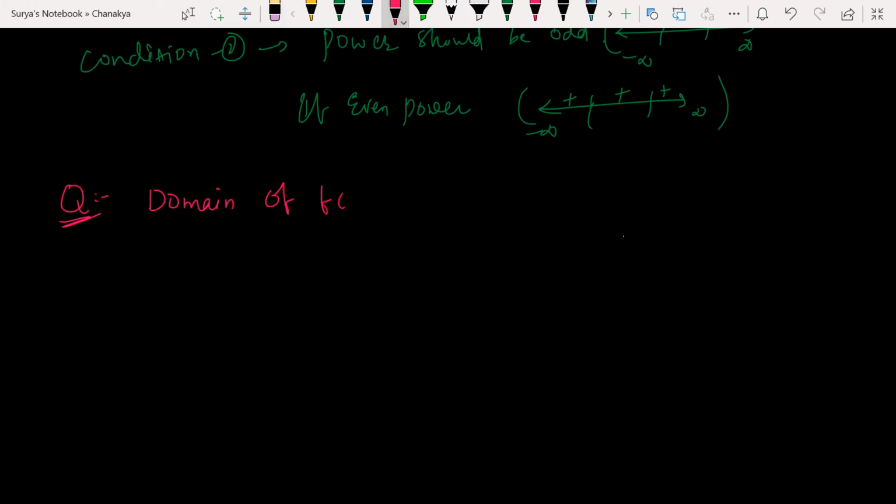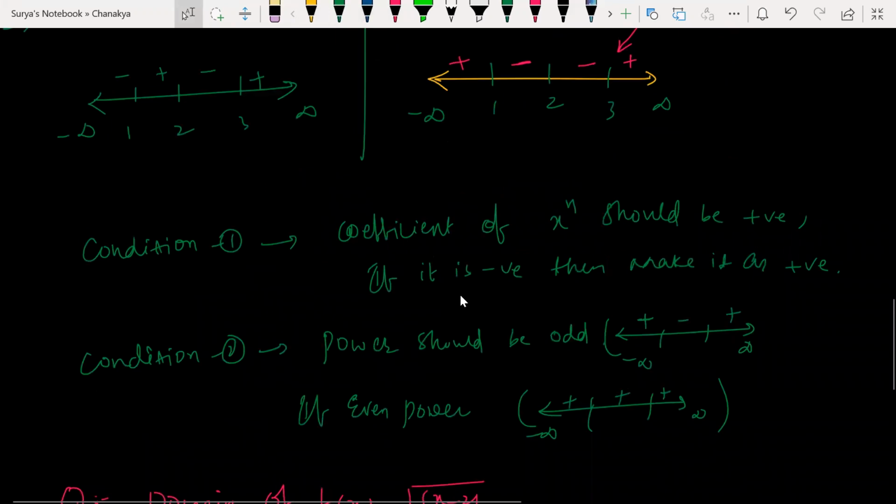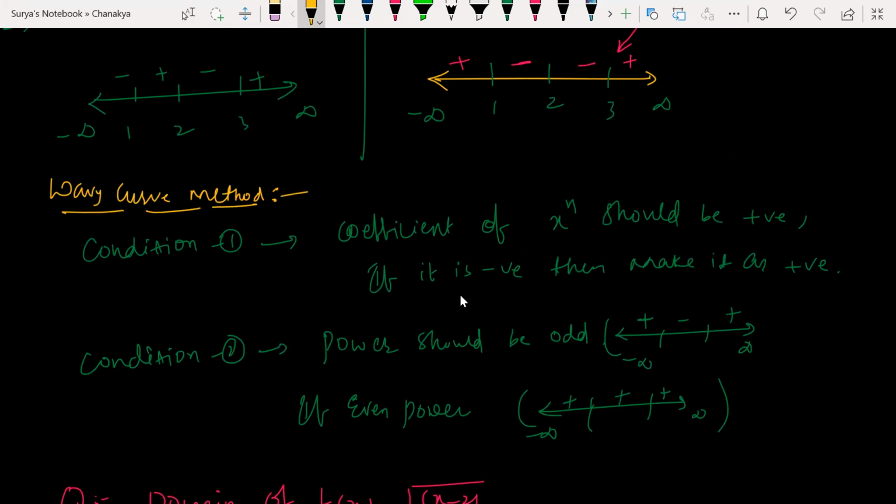Domain of f of x is equal to. See here, what is condition number 1 for applying the Wavy-Curve method? The coefficient of x to the power of n should be positive.